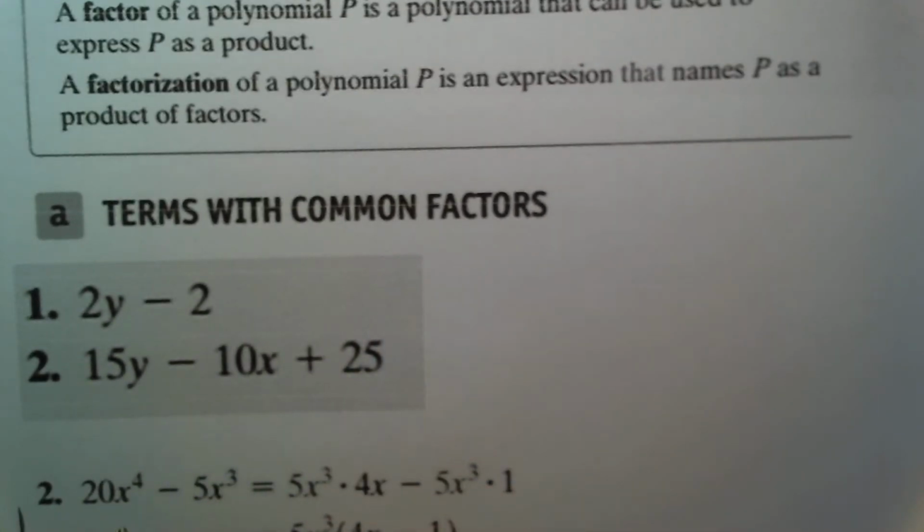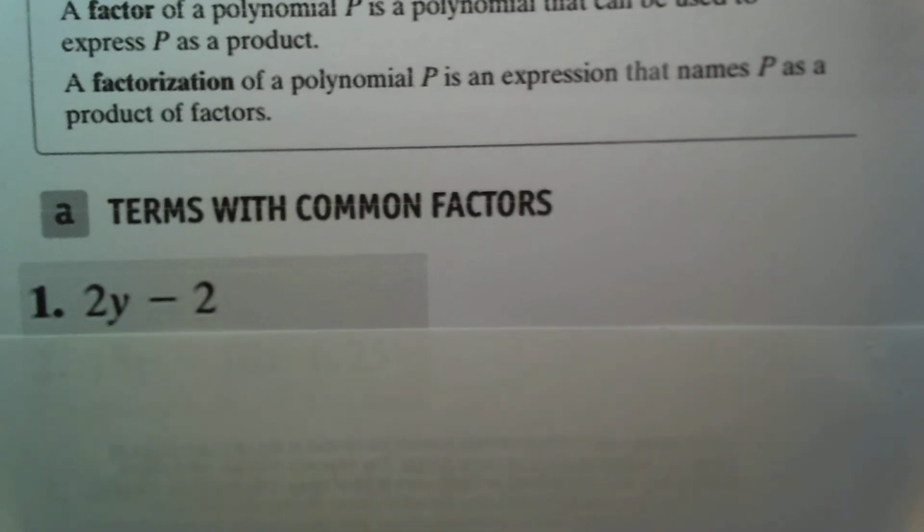And the first example is 2y minus 2. And at this point, I'd like to direct your attention to page 22 in the beginning of the book. And you look at that. There are examples how to factor things of that nature. So here, the common factor is the number 2.